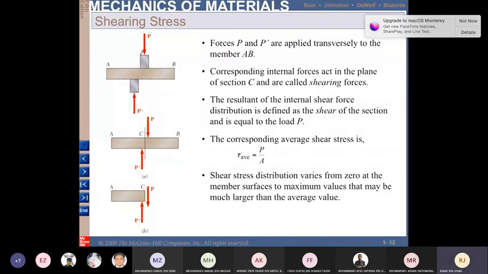Shear is something where you try to cut the body. This is your body. You give force here and you give force here. So you try to cut, so the area is here. If you look in 3D form, this is the structure and this is the area.